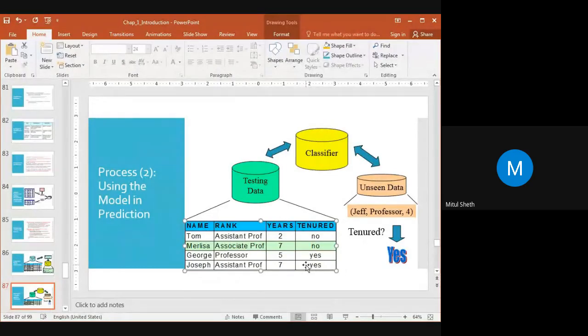I'm asking you again, why must your testing data be different from your training data? Please give me the answer. Why do I say that your testing data should be different from the training data? Did you understand my question? Hello, yes, very good, excellent answer.